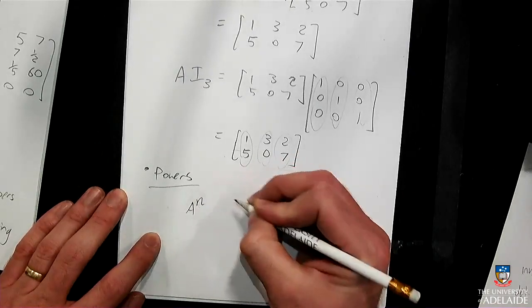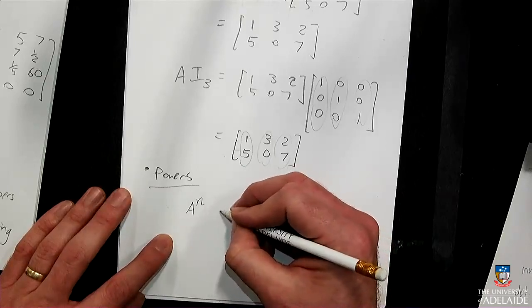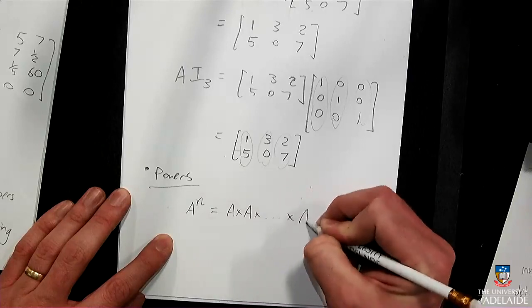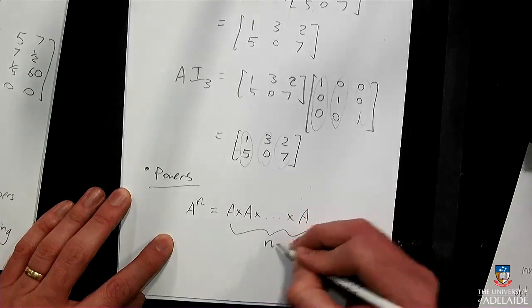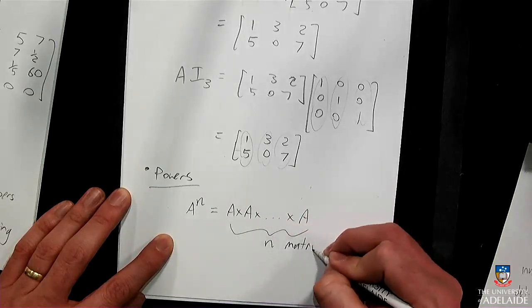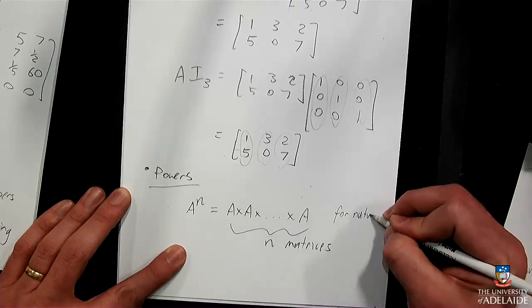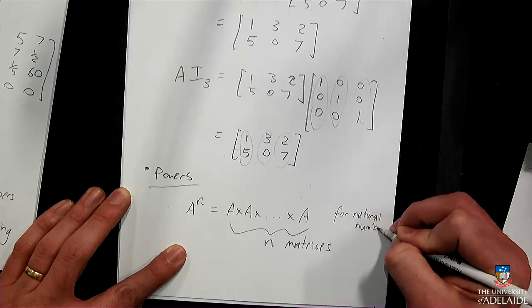So A to the power of n is A times A times A, where there are n matrices. And this is for natural number n.